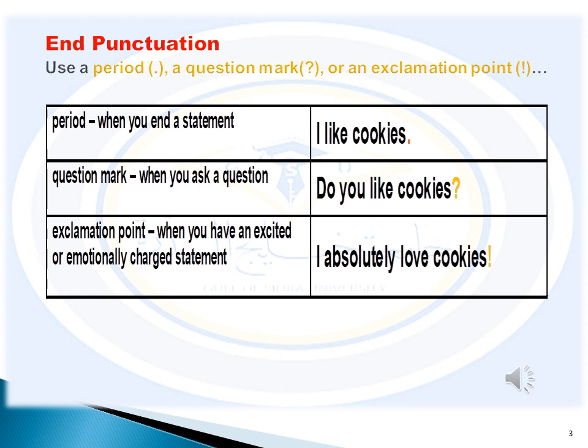Here we use a period when we end a statement. So when we end any type of statement, we use this point or this period. This mark is known as a period and it is used at the end of the statement.